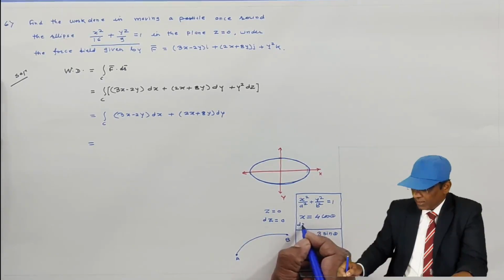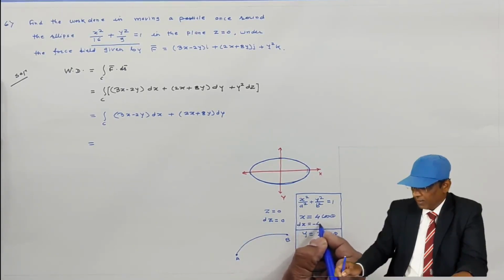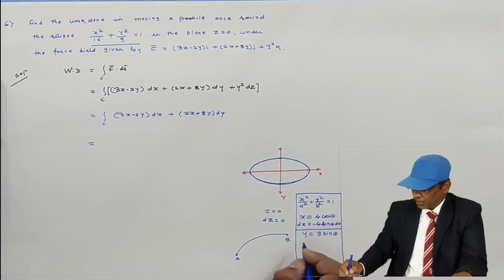But when you evaluate the integral, dx is required. So here I am going to find the value of dx. The derivative of cos is minus sin. The value of dy is required. The derivative of sin is cos theta d theta.